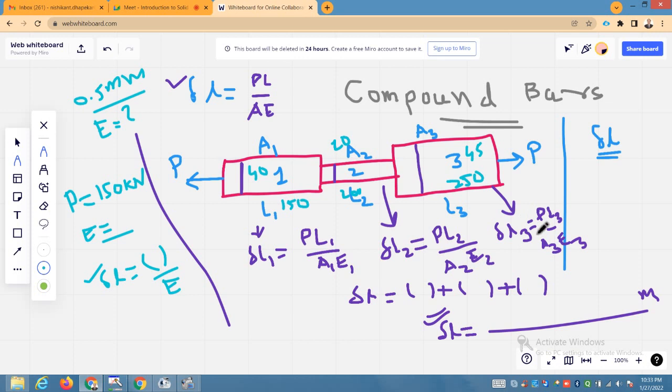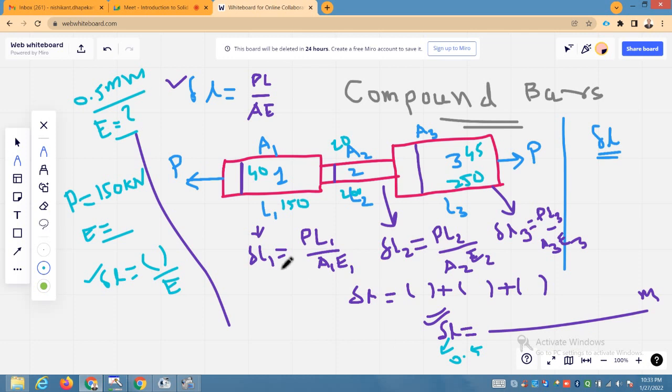Delta L3 equal to P you know, L3 you know, A3 you know, E you have to calculate. Then the total change in length is 0.5 millimeters. So in place of this delta L, you substitute the value 0.5 millimeters equal to something divided by E. So you can calculate the value of E if the total change in length is given.